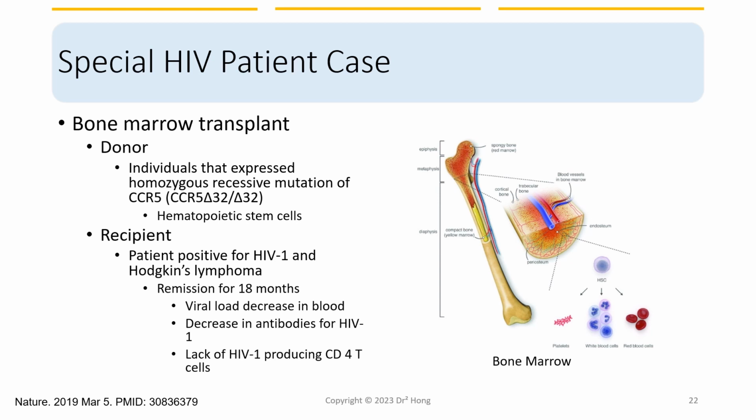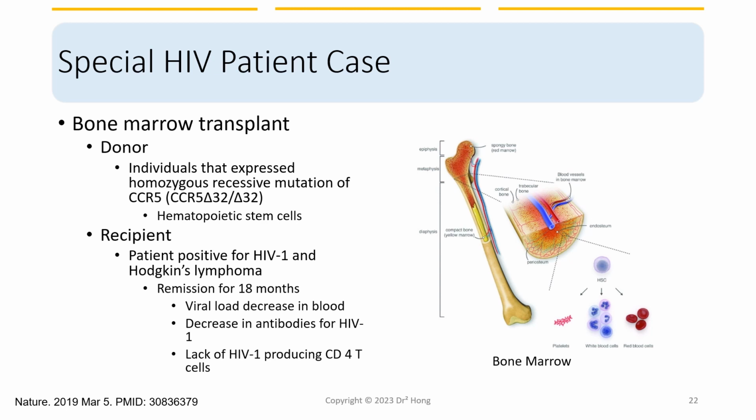After the transplant, the patient experienced a remission for 18 months and showed a decrease in viral load and antibodies for HIV in their blood. This was likely due to the replacement of the patient's immune system with that of the donor, which lacked HIV-1 producing CD4 T cells.